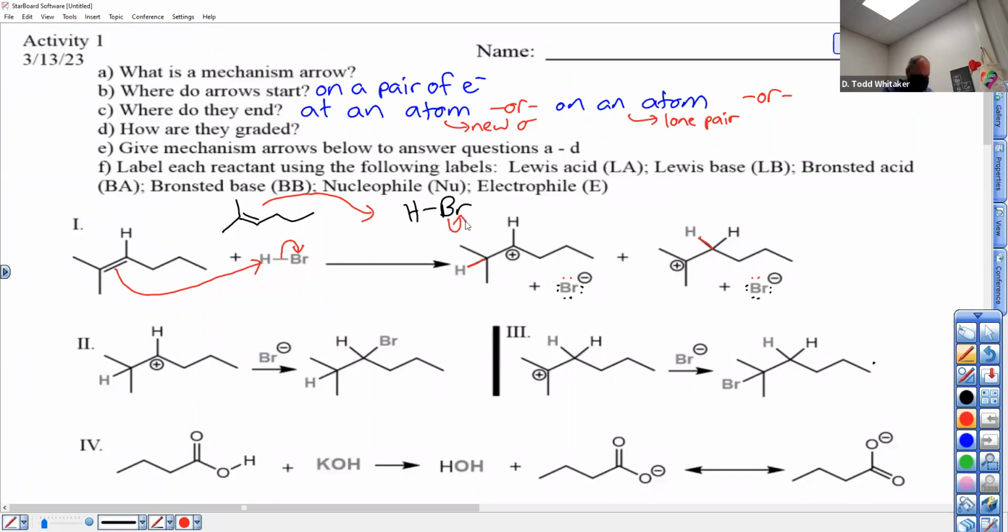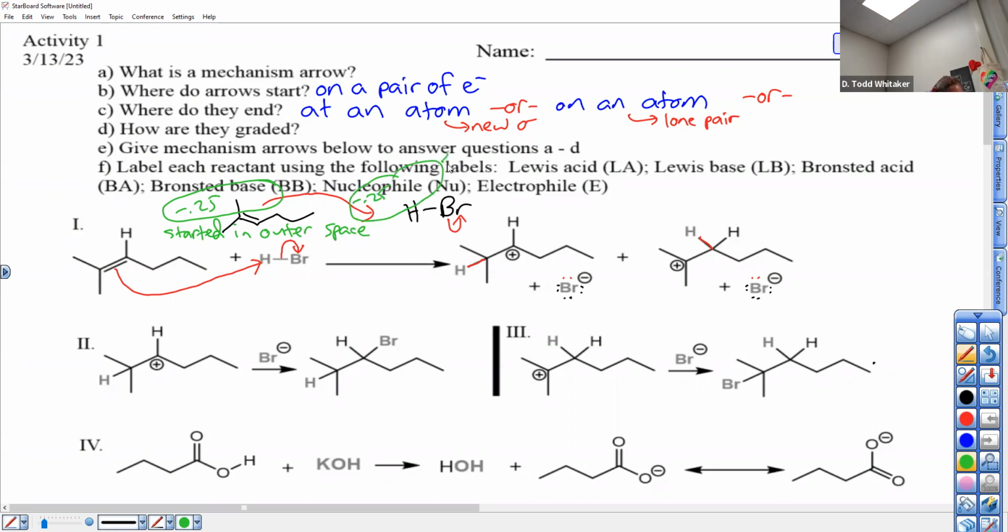Every one of those arrows is losing points. Minus 0.25 out here. Why? Started in outer space. You're not allowed to start in outer space. Minus 0.25 here.